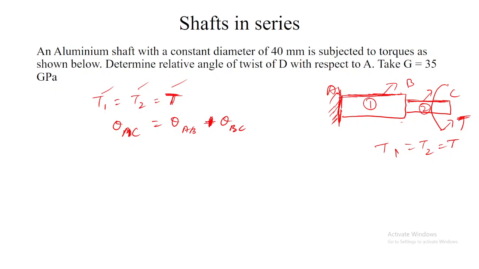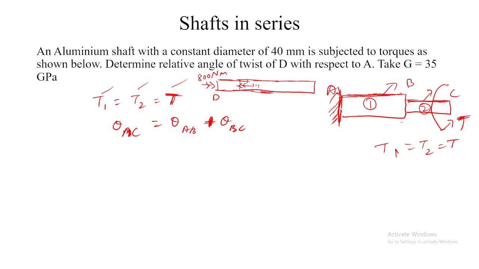But in our problem, this is an aluminum shaft with a diameter of 40 mm. It is subjected to torques as shown here. The double arrow means it is torque. So it is 800 Newton meter at section D, and at a distance of 2 meter, it is 1100 Newton meter.